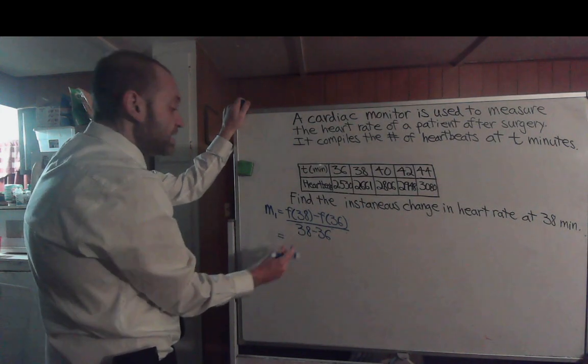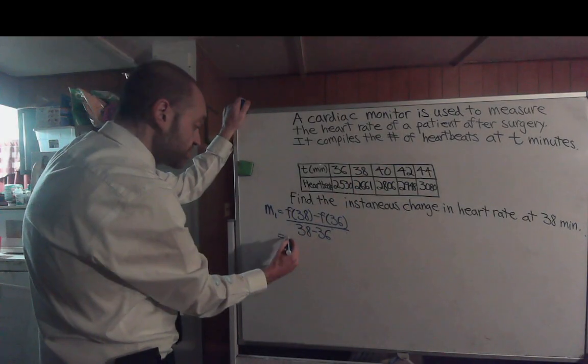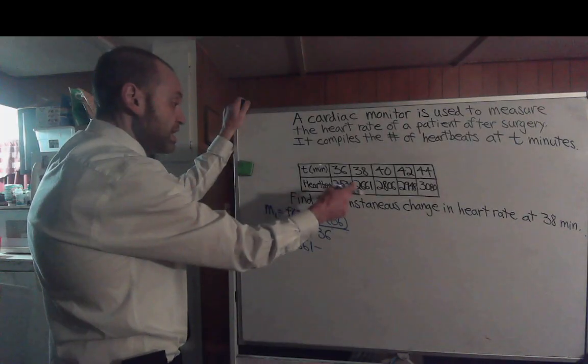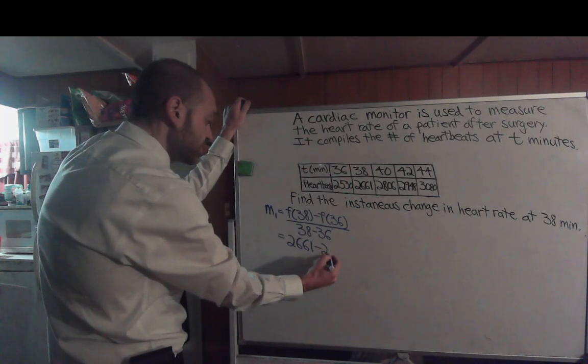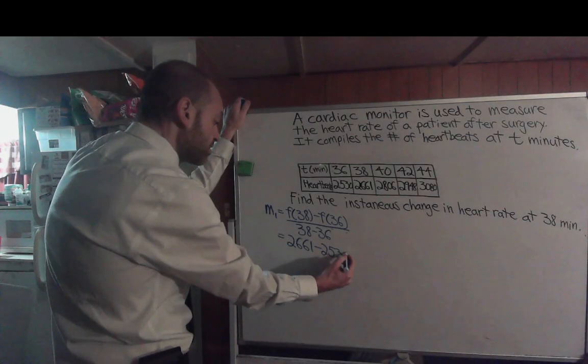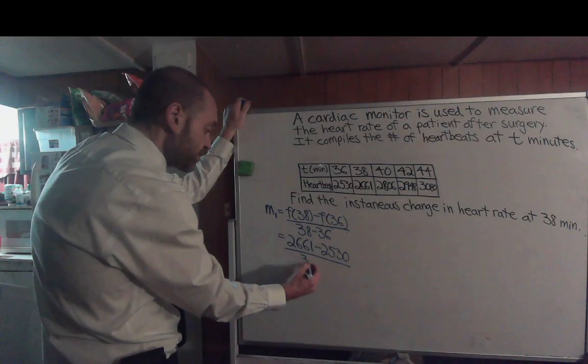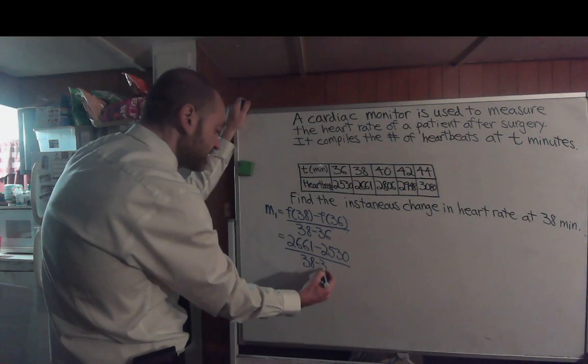Now at 38 minutes you had 2,661 heartbeats, minus at 36 minutes you had 2,530 heartbeats. All that divided by 38 minus 36.